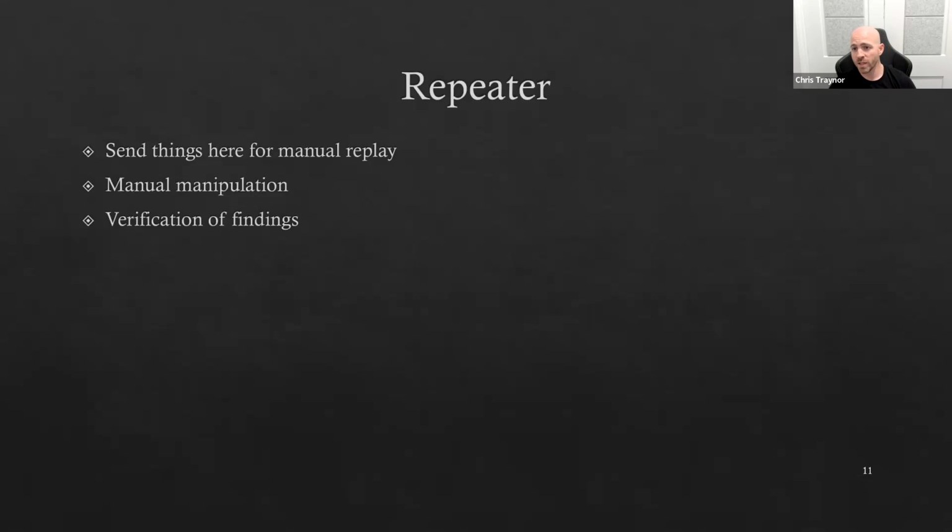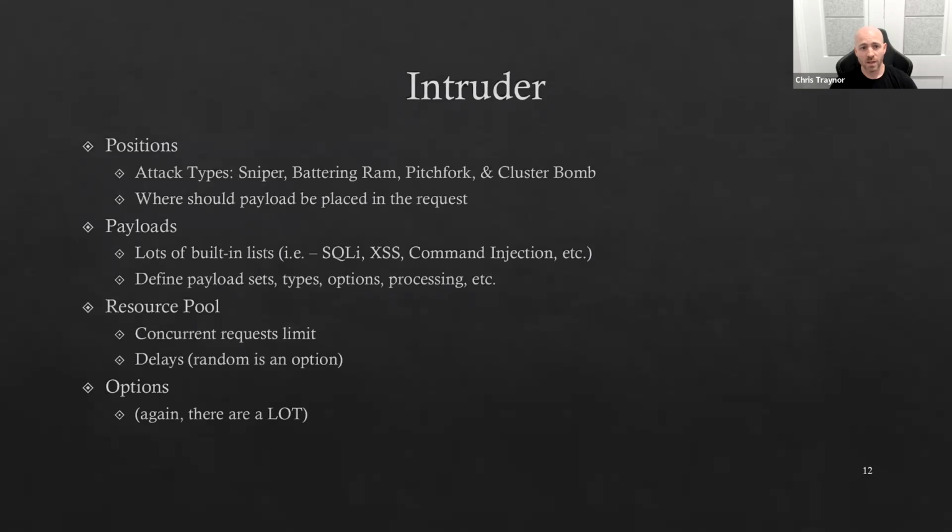You can also do manipulation, change that request however you want. But it's really good to use the repeater functionality to help verify a finding is a true positive and not a false positive. Again, I know I'm blowing through these slides pretty quick because I want to leave as much time as possible to show you the actual tool.